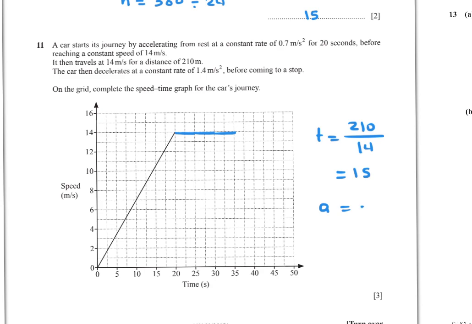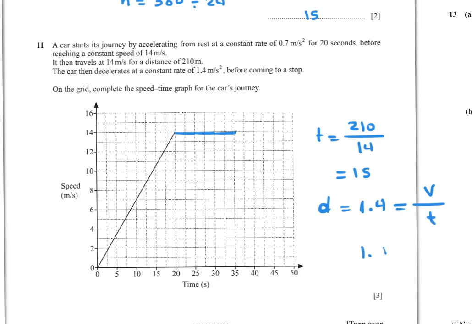Now we need to find the time for deceleration. The speed is 14. So deceleration equals what? Change of velocity over time. So the velocity 14.